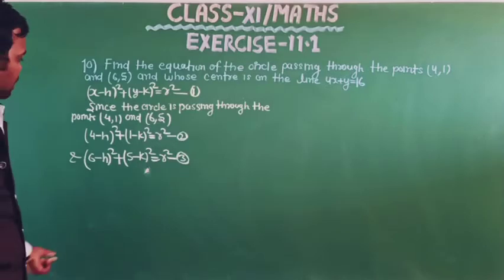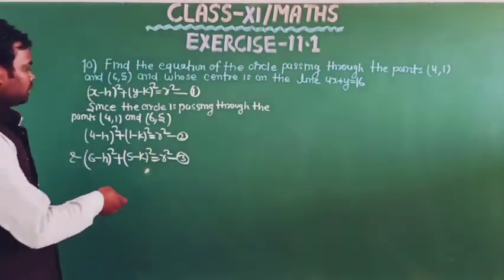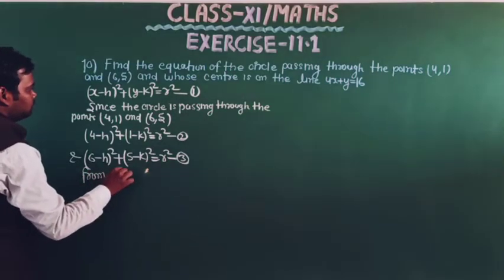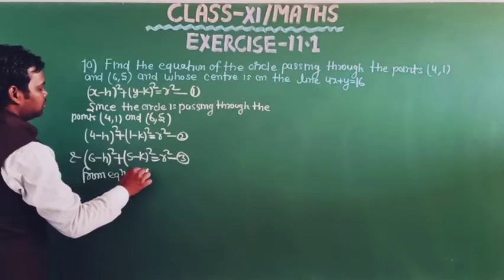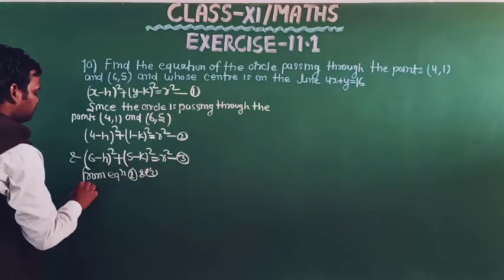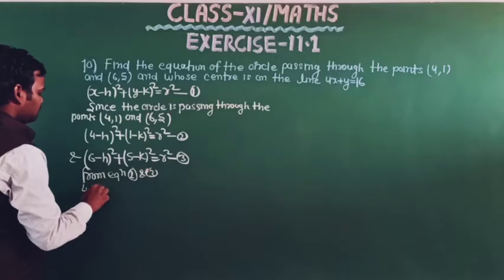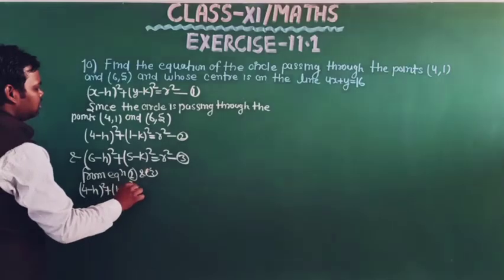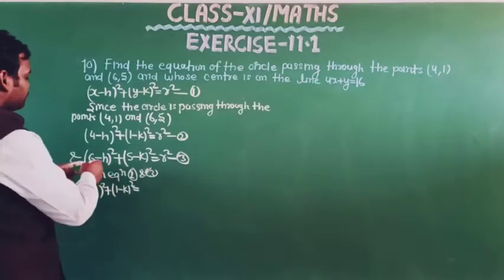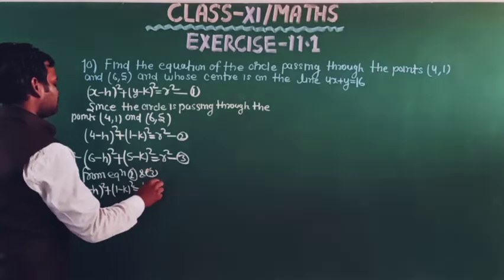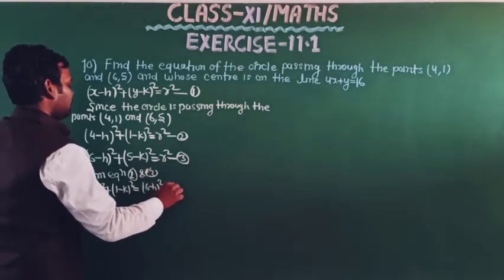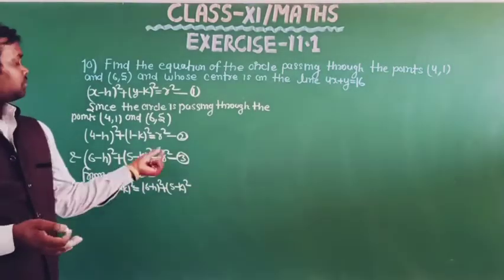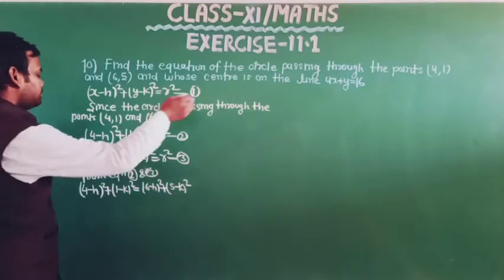Now from equation 2 and 3, (4 - h)² + (1 - k)² = (6 - h)² + (5 - k)², because here r² is common on both sides.